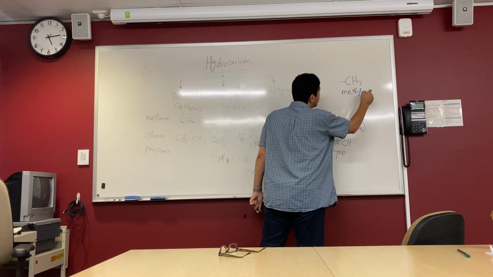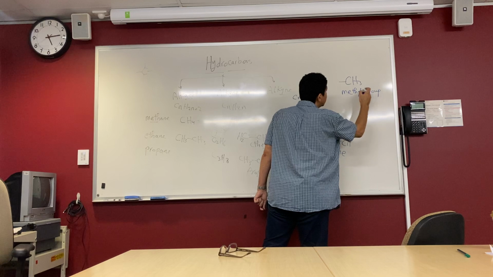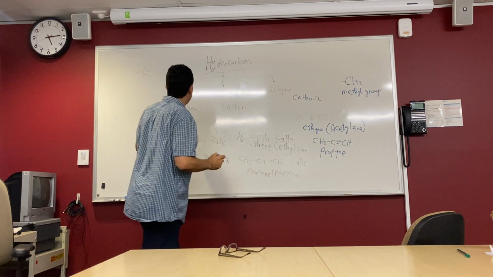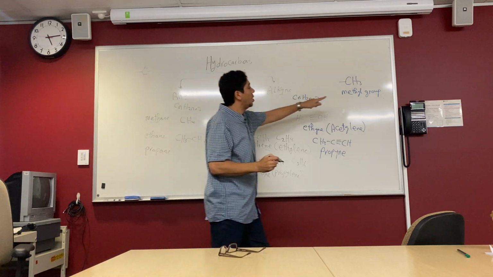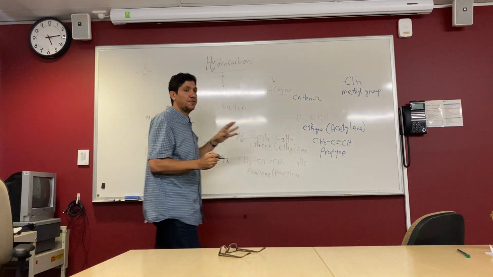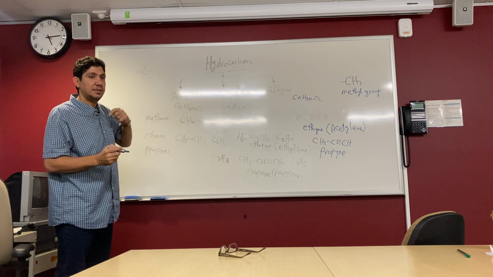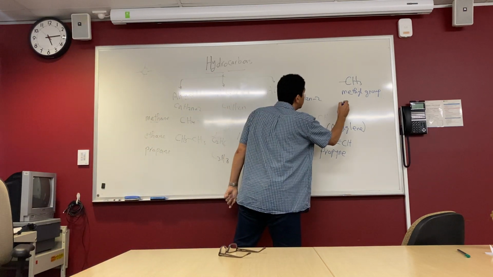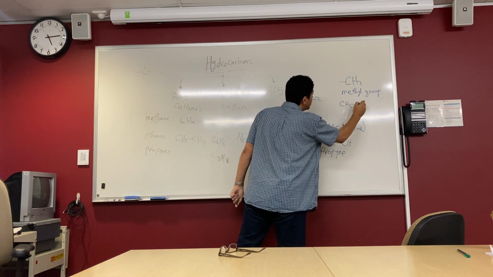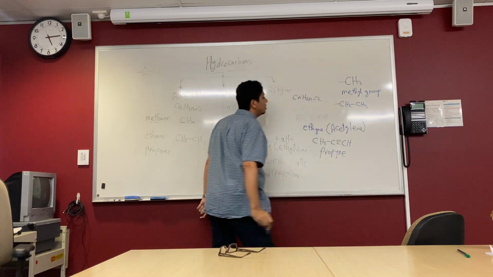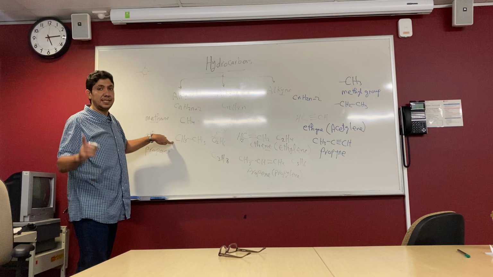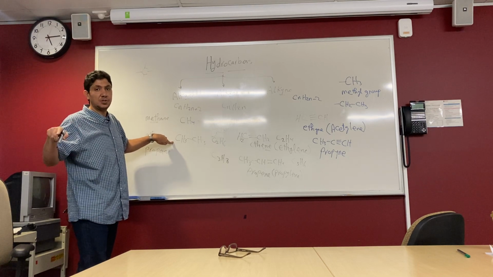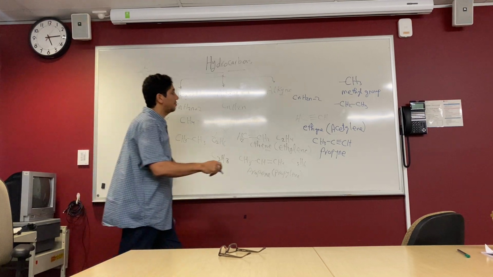The name comes again from alkane, replacing A-N-E with Y-L: instead of methane, methyl. And if we have CH2, CH3 with a bond here, what's this called? It comes from ethane, replacing A-N-E with Y-L, so it's called ethyl, the ethyl group.